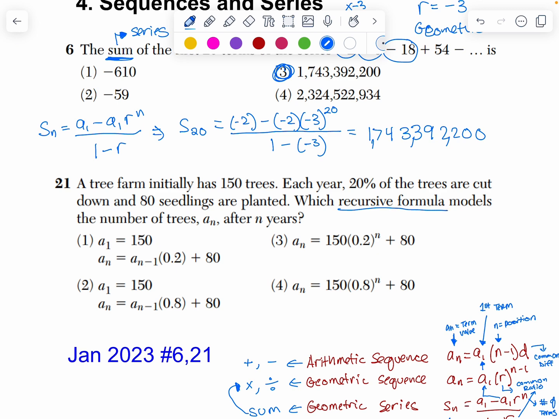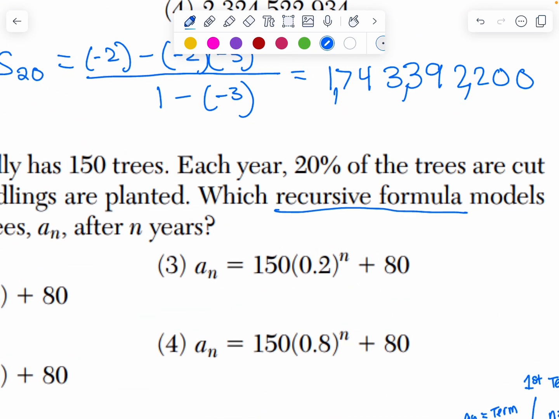Now this is not in the reference table, so you kind of have to know about this on your own. But basically a recursive formula is what I like to call the building block formula. You have to start with a first term and you have to state that first term. And then to get to our next term, we create a rule that is based off of the n minus 1. So whether you're multiplying that, adding that, subtracting that, multiplying and adding, that's the idea behind this.